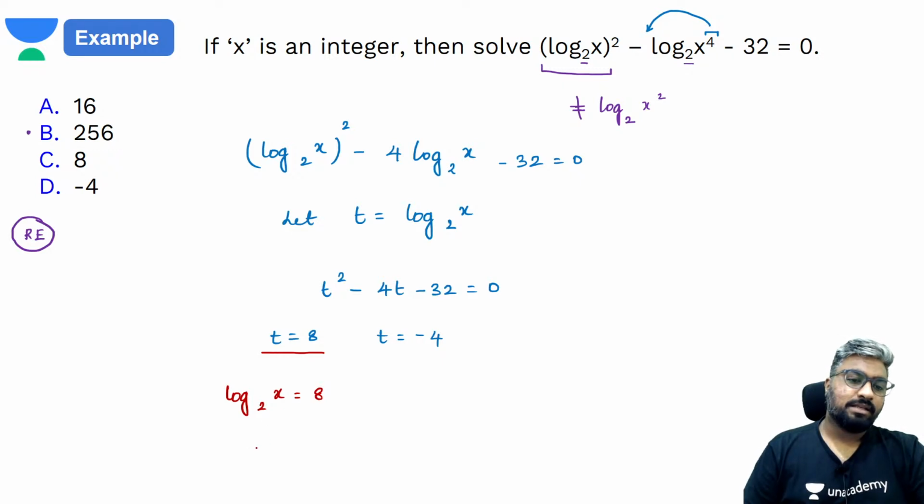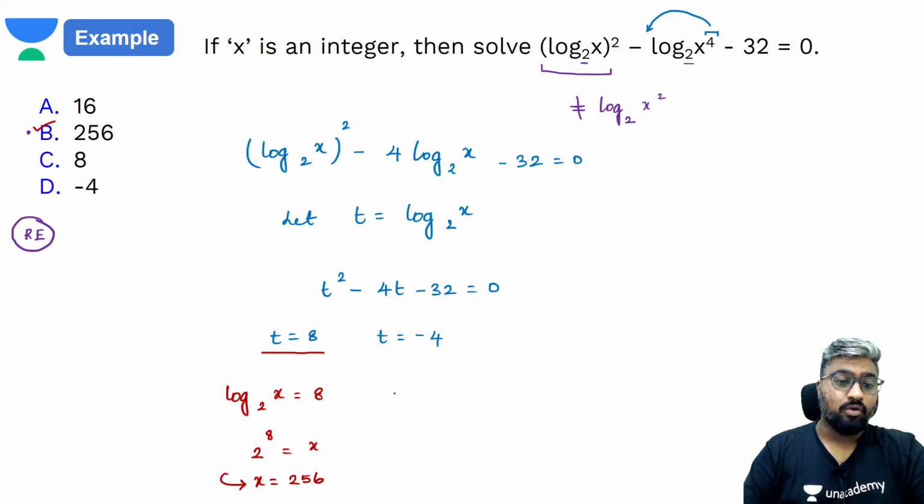What does this mean? This means that 2 to the power 8 will be x, correct? So what is x? 256. One of the values, okay? It is in the answer choice, so we can select it, but it's not over yet. Why? Because we'll have to try this one also. t equal to minus 4.